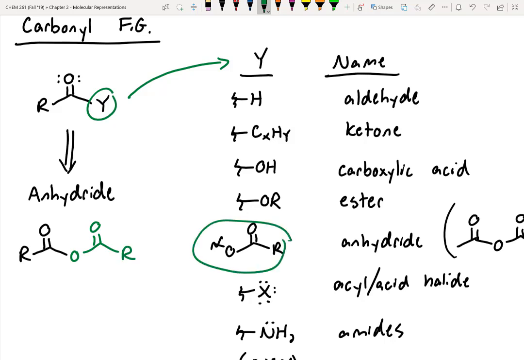You see how this portion is now where that Y used to be? That's an anhydride. So really you could take any of these groups over here and plug them in where that Y used to be, and you'd be making that functional group. That's a good question. Does that help? Okay, just want to make sure.